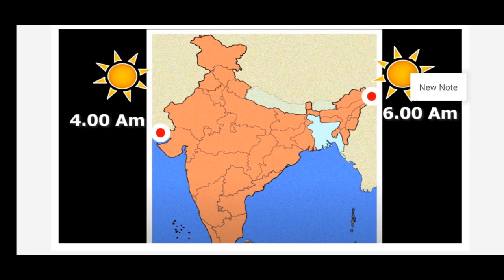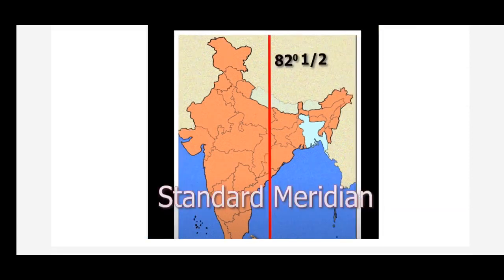So it is a great confusion to know the exact time. The local time of Arunachal Pradesh is 6 a.m., but the actual time of Gujarat at that moment is 4 a.m. It's a great confusion to know the exact time of a place, because every longitude has its own local time. That's why they have taken the 82.5 degrees east longitude as the standard time of India.